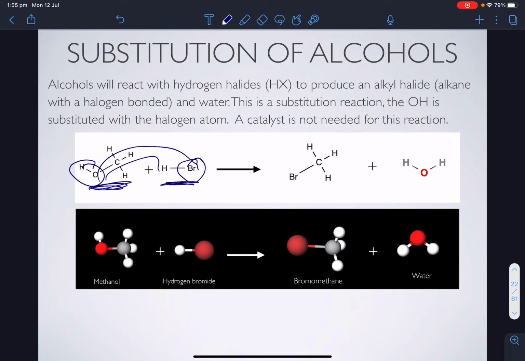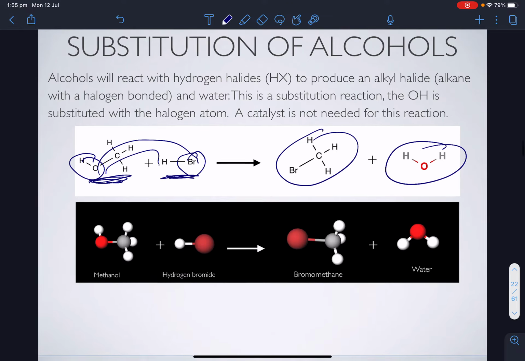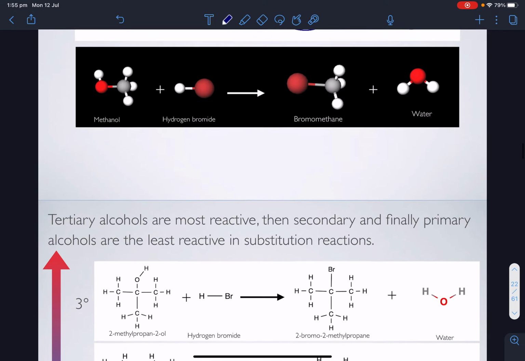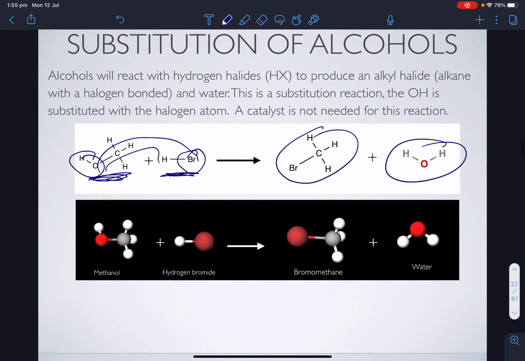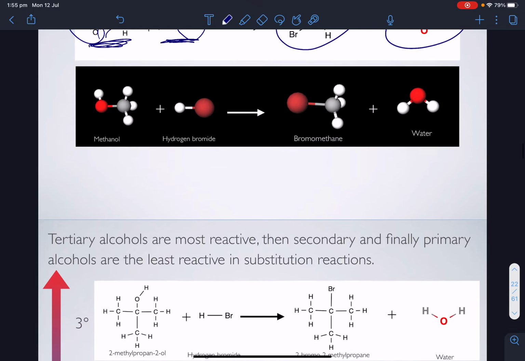So now instead of methanol, I have bromomethane. Did I say ethanol? Methanol. Now I've got bromomethane. So the bromine is in place of where the alcohol was. The alcohol group has now gone with the hydrogen, so I've got water. A catalyst is not needed for this reaction.